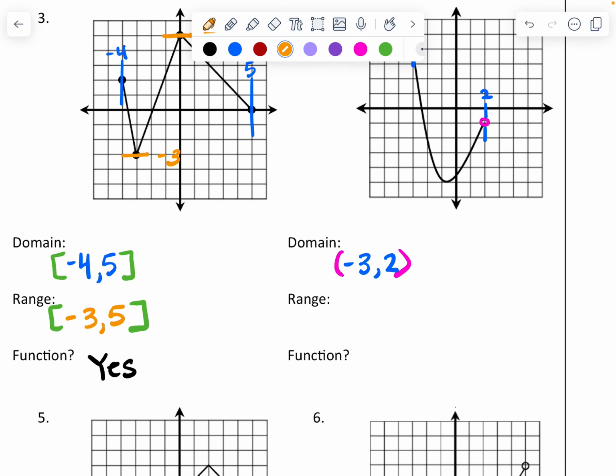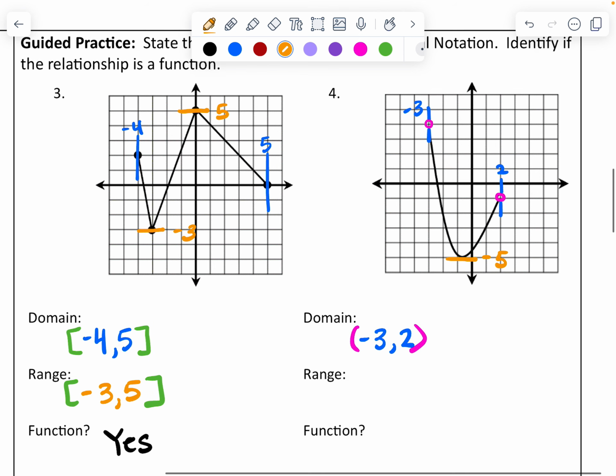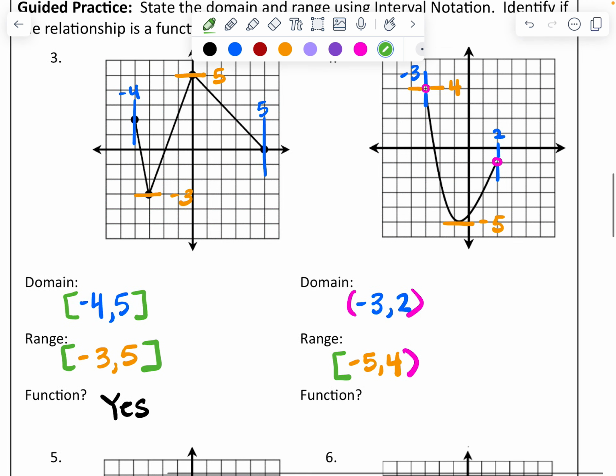For the range, the lowest point of the graph is here at -5, and the highest point is here at +4. Now +4 has a hole in the graph, so I use a parentheses, and -5 does not have a hole, so that's a bracket. This is also a function. It would pass the vertical line test.